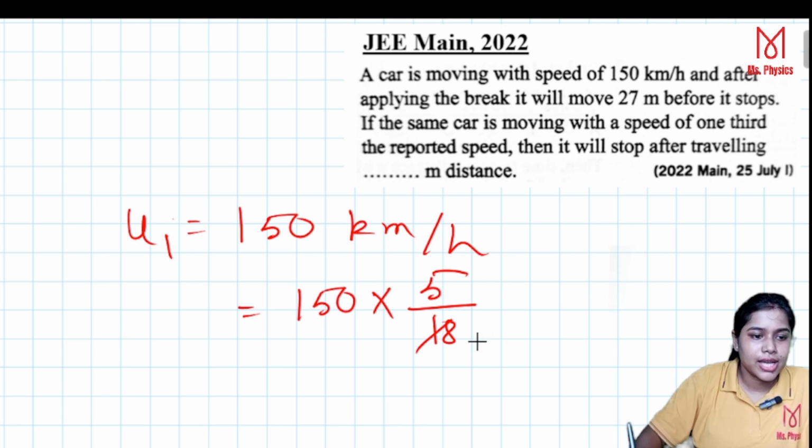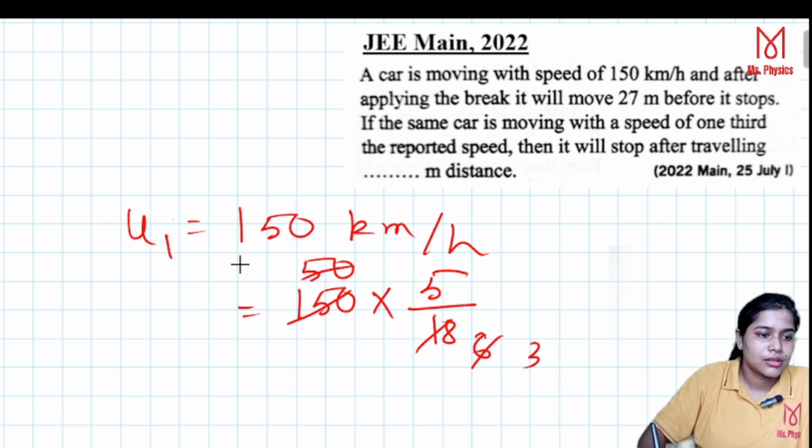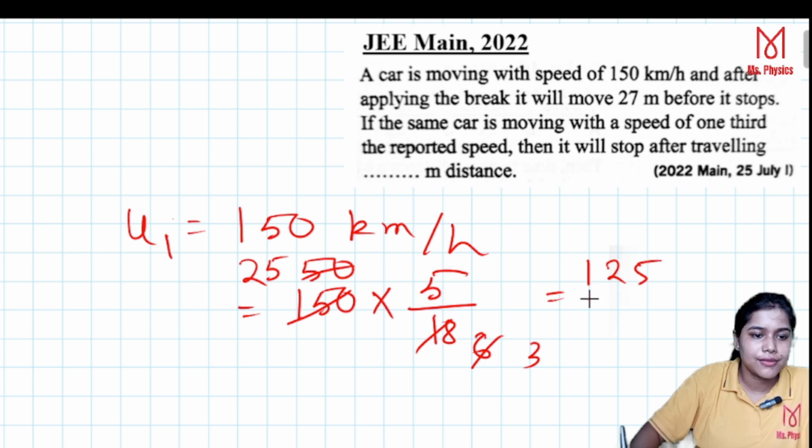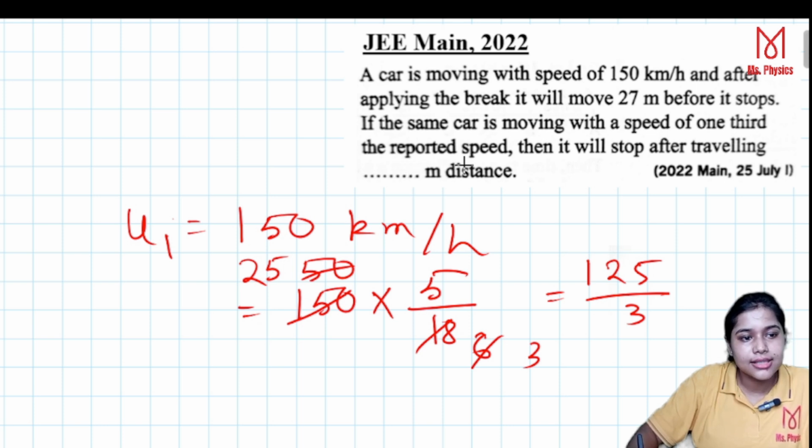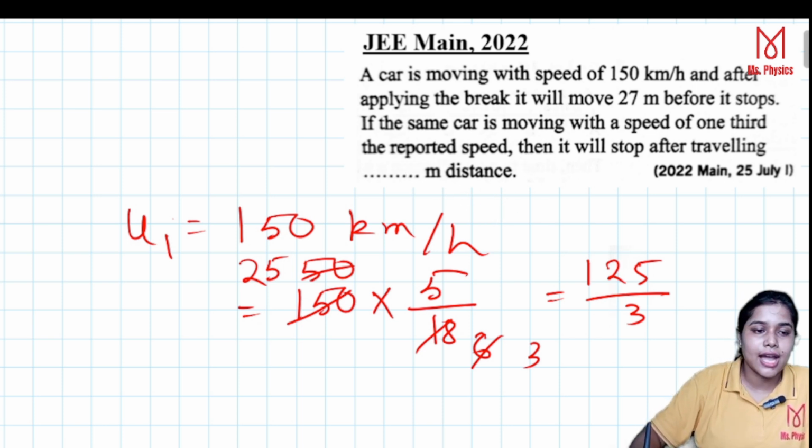That is 150 times 5 over 18, which gives 125 over 3. After applying the brake, it will move 27 meters before it stops. If the same car is moving with a speed of 1/3 the reported speed, then after traveling which distance will it stop? That we have to calculate.